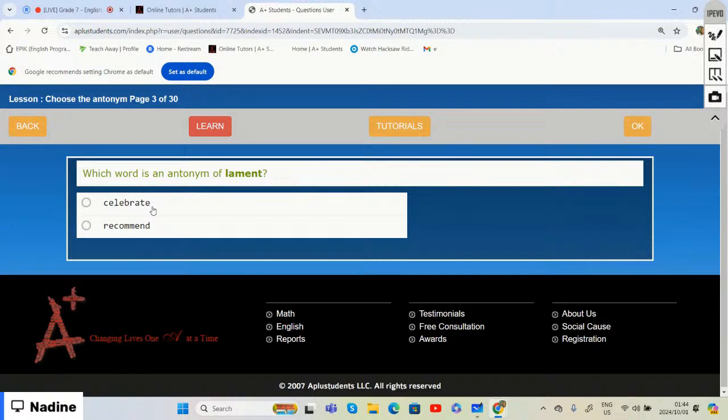All right, let's go to the last one. Which word is the antonym of lament? Is it to celebrate or recommend? Lament, the opposite of lament.